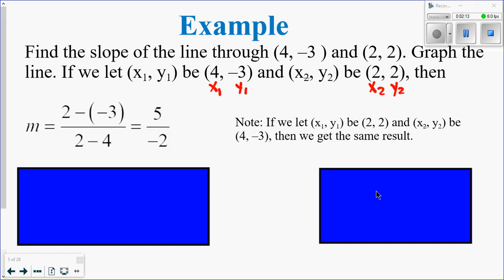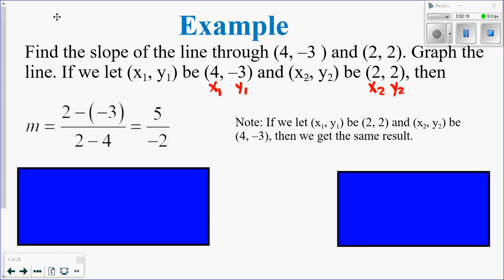So you take your formula. So I'm going to rewrite the formula up here. y2 minus y1 over x2 minus x1. So this is the formula for slope. So notice the y2, we assigned that to be 2. So that's where this 2 comes from. Minus, because the formula says to minus. And then y1 is -3.